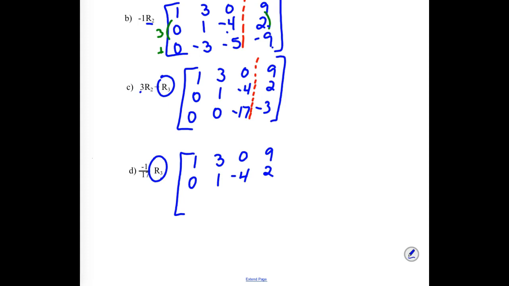Again, the other two rows have not changed. The bottom row timesing by anything to 0 still stays 0. My -17 multiplied by -1/17 becomes a 1. The -3 multiplied to -1/17 becomes 3/17. Have I put it in row echelon form?